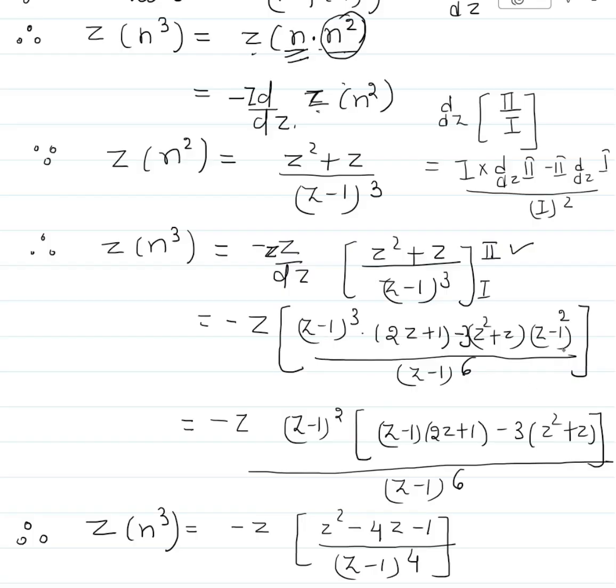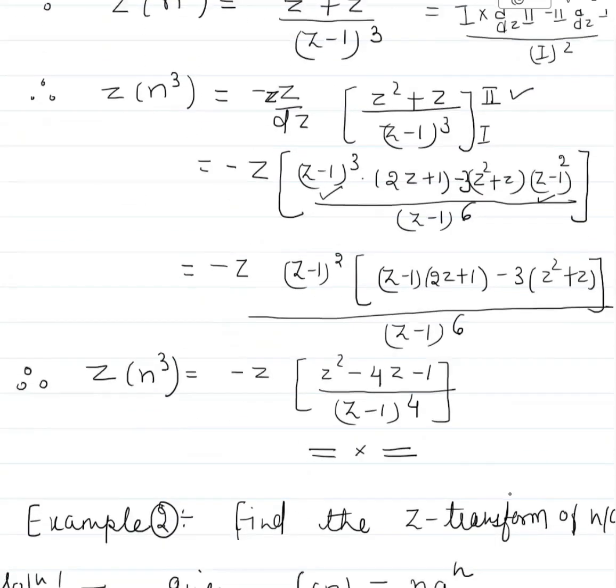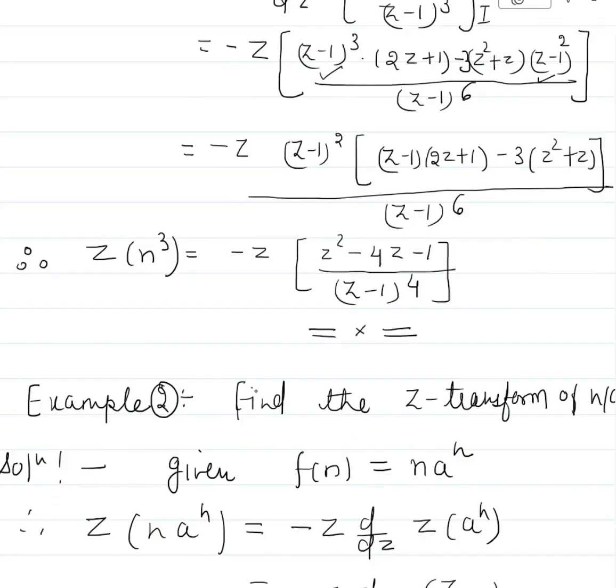After solving by taking common, this is common here, z minus 1 the square. We are taking the highest power polynomial and then solving it, you will get Z of n cube is minus z square minus 4z minus 1 upon z minus 1 to the power 4.